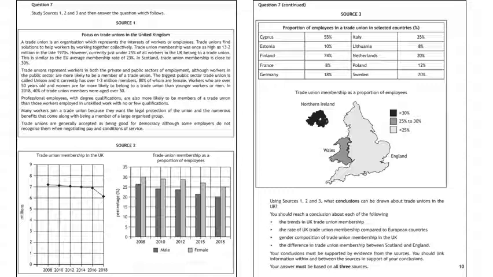Source 1 is a text box with lots of information about trade unions. Source 2 is not split across 2 pages in this case and is a graph and bar chart. And source 3 is a table with what looks like a map identifying trade union membership as a proportion of employees across England, Wales and Northern Ireland.